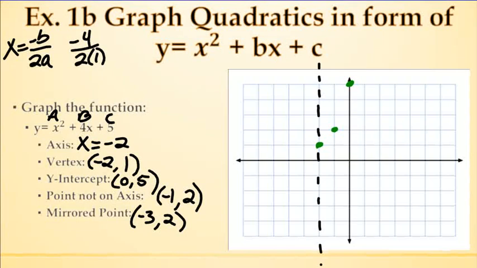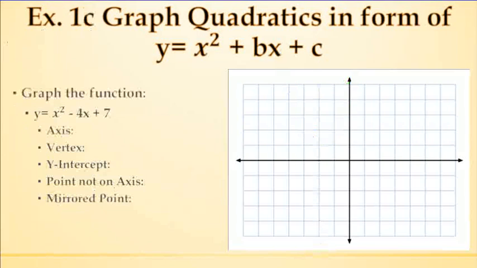My mirror point is negative 3, positive 2. And I'll mirror one more. I'll mirror my y-intercept. It's 2 steps to the right of the axis, so I go 2 steps to the left of the axis. And now I can draw my parabola. You can do example 1c yourself.